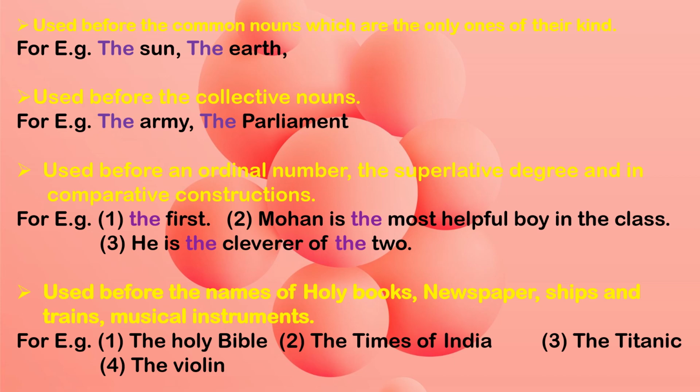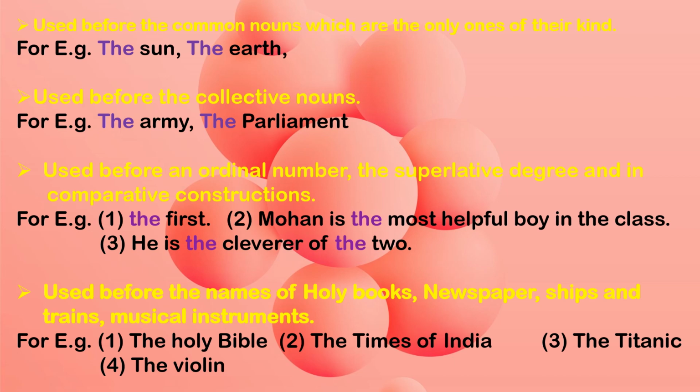"The" is also used before collective nouns. We have learned in the earlier lesson on nouns that there are different types of noun, and among them one is the collective noun. So before a collective noun also we use the word "the": the army, the parliament.